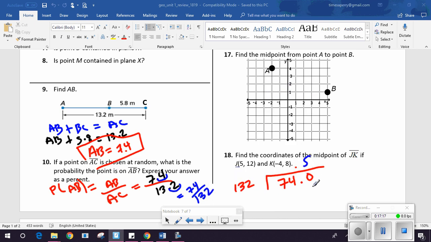All right, 5 times 2 is 10, 0. 5 times 3 is 15 plus 1 is 16. 5 times 1 is 5 plus 1 more is 6.